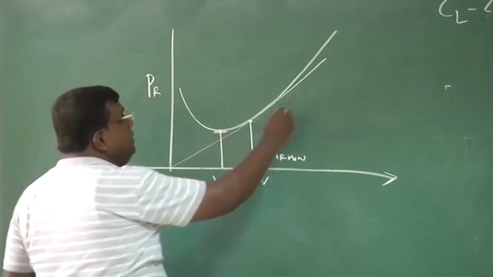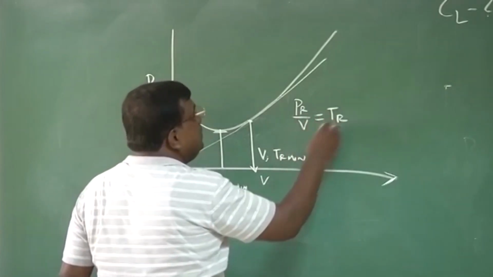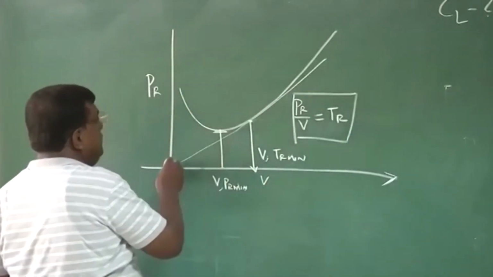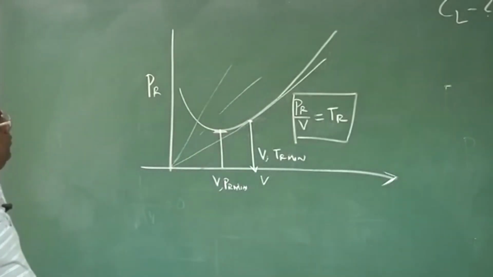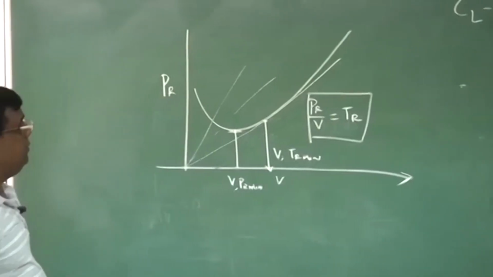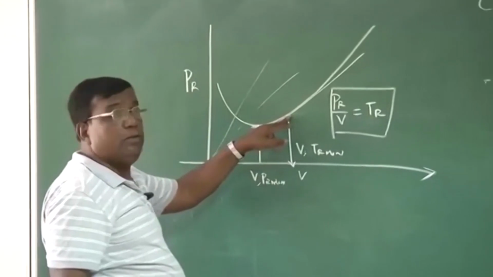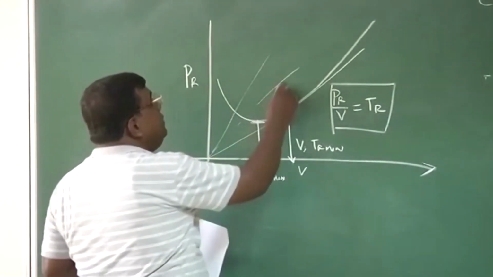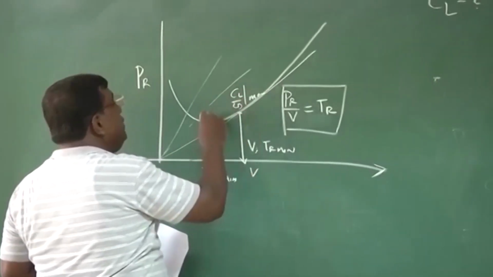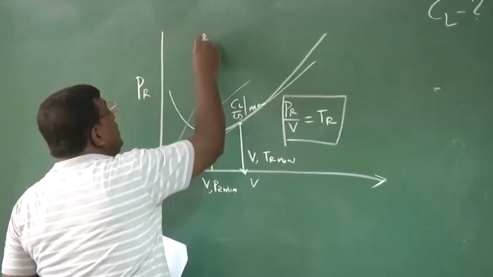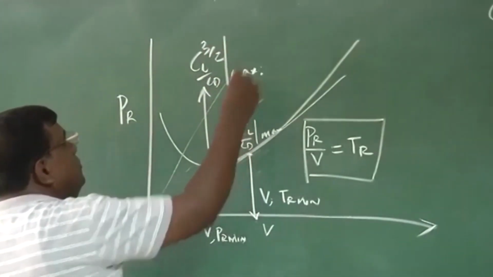You know, the slope is PR by V, which is nothing but thrust required. And that is the minimum thrust required, okay? We'll go on drawing this slope. So from the power required versus velocity graph, I can find out what is the velocity I should fly, so that thrust required is minimum, and this will correspond to CL by CD maximum. This will correspond to CL^(3/2) by CD maximum. Okay?